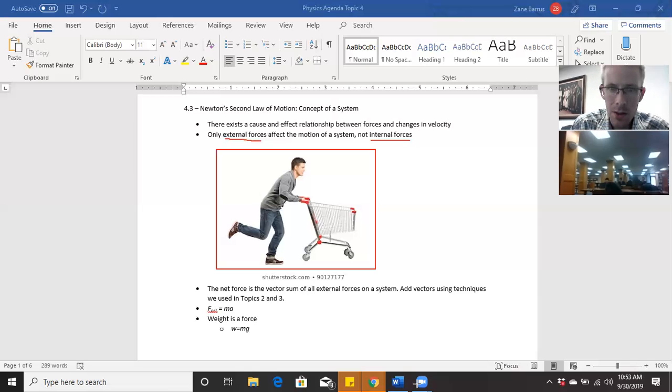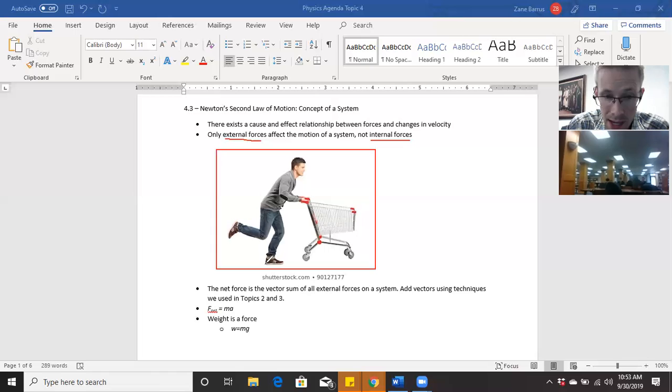Okay, so let's talk about external forces. Let's talk about internal forces. The force that actually allows the guy to move, first of all, is the force that the floor is pushing back on the guy's foot.